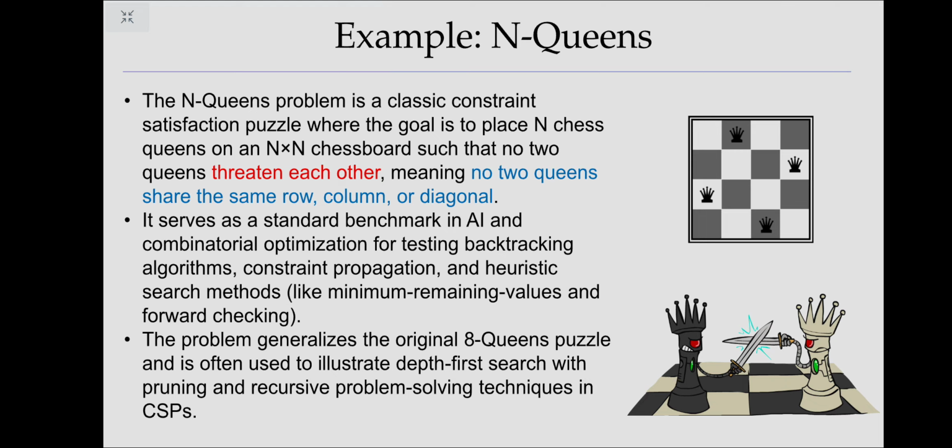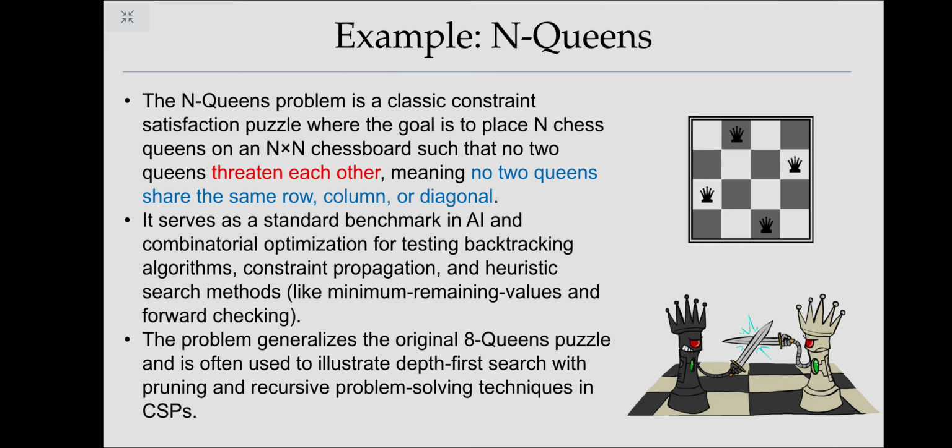Again, heuristics such as minimum remaining values or forward checking are useful. Forward checking means that before assigning a value for a variable, we check what happens if I assign v to variable x.